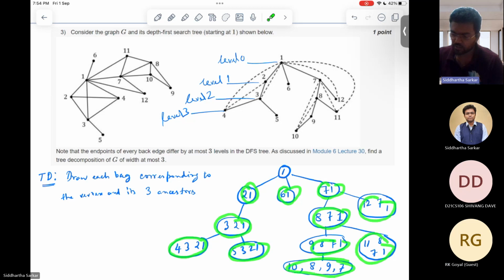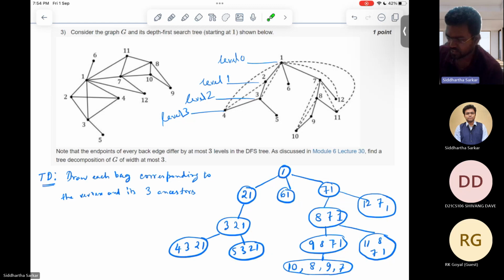Now for every internal node, we have looked at the ancestors of that internal node and taken three of them. So for example, let us say 7. Seven is counted in this node, that is 7, and then this node, that is 7 and its child and parent. That means all the ancestors and descendants are sort of connected because of this.